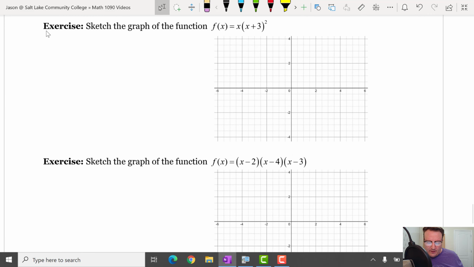Okay, continuing on. Sketch the graph of the function f of x equals x times quantity x plus 3 squared. Two things we need to determine: long-run behavior and short-run behavior. That x plus 3 factor squared is going to give me a quadratic, or degree 2, and then I multiply that by x, I'm going to get a degree 3 polynomial.